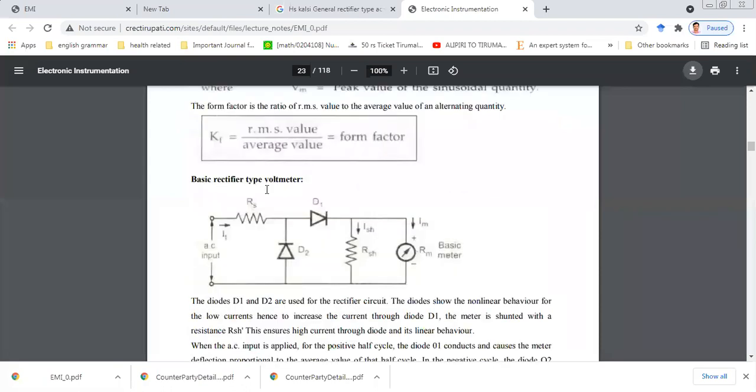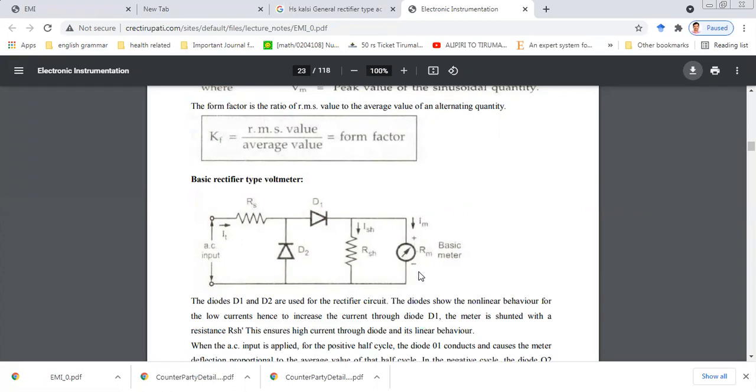Now the basic rectifier type of voltmeter. Here we have the basic meter, having an internal resistance of Rm and a maximum full scale deflection current of Im.